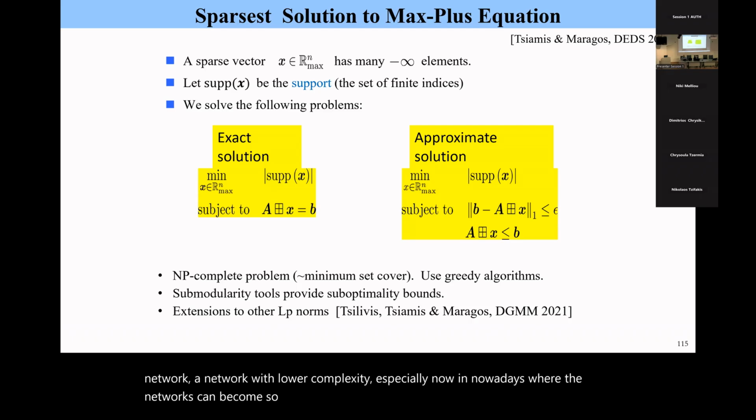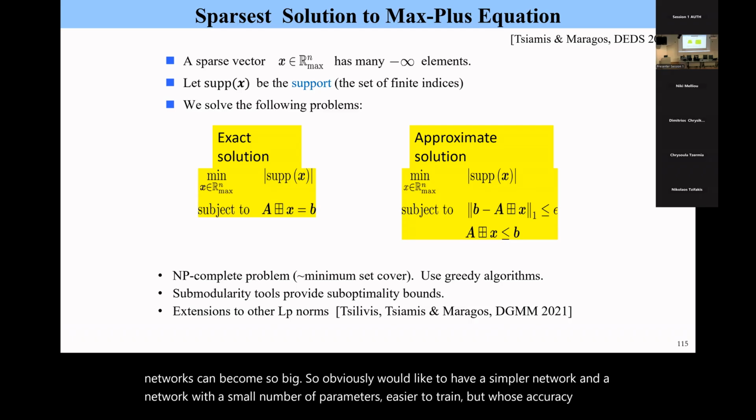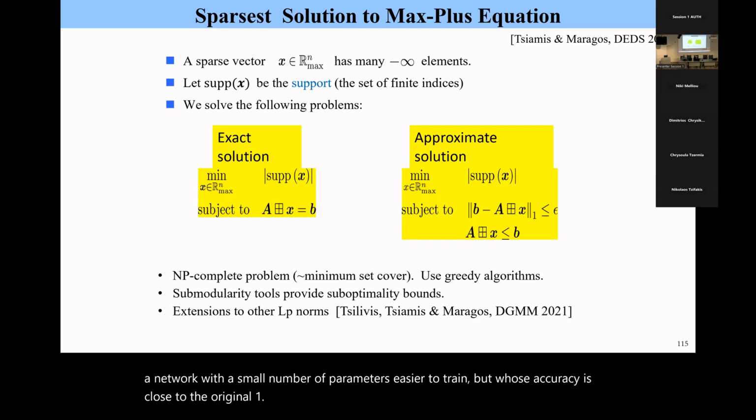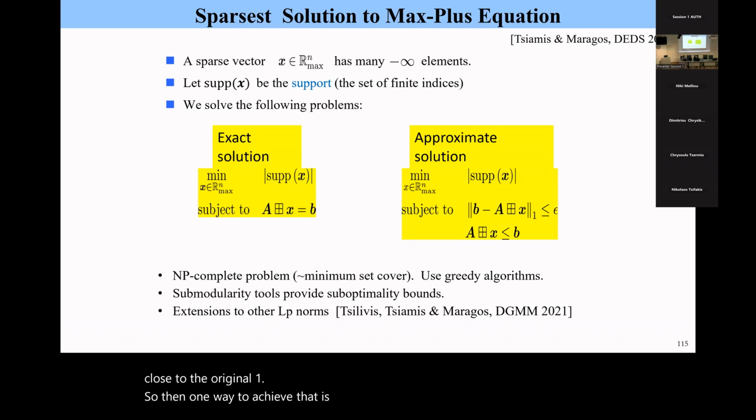Obviously we would like a simpler network with a smaller number of parameters, easier to train, but whose accuracy is close to the original one. So one way to achieve that is to sparsify the solution of these max plus equations.